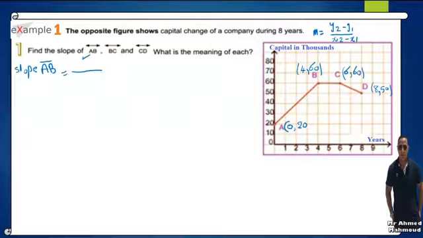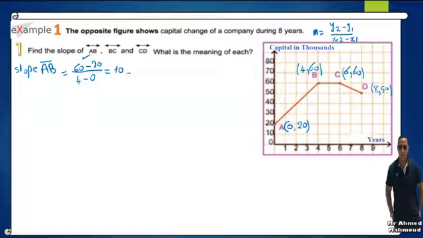Here x1 is 0, y1 is 20, x2 is 4, y2 is 60. It will be 60 minus 20 over 4 minus 0. 60 minus 20 equals 40, over 4 equals 10.